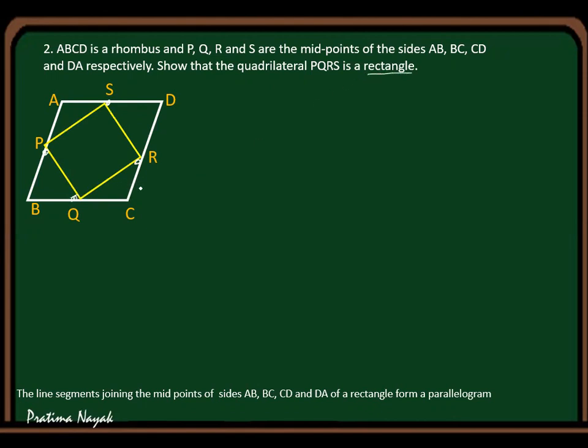So what is the property of the rectangle? In a rectangle, the two diagonals are equal. That is the most important property. So we have to draw the diagram. Two diagonals drawn. Okay. So now I'm writing what is given. Given ABCD is a rhombus.